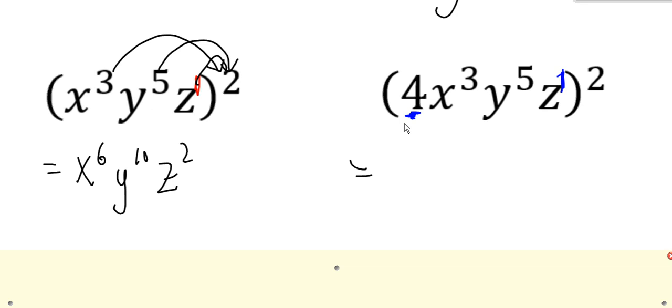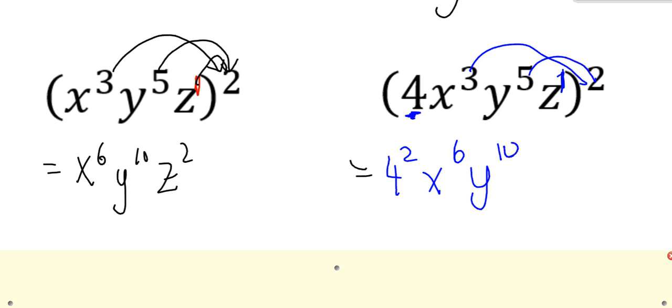It's just 4. So when I think about the fact that this squared happens to everything in the bracket, that means I have 4 squared. And then I have x cubed squared. Well, 3 times 2 is 6. I have y to the 5 squared. 5 times 2 is 10. And I have z to the 1 squared, which is z squared.